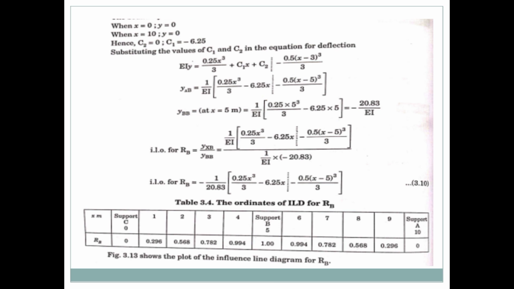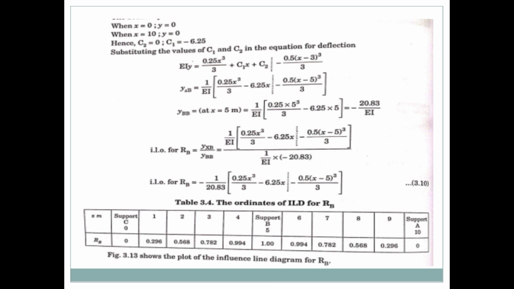YXB is equal to 1 by EI into 0.25 x cube divided by 3 minus 6.25 x minus 0.5 (x minus 5) cube divided by 3. And YBB, at x is equal to 5 meters, is equal to 1 by EI into 0.25 into 5 cube divided by 3 minus 6.25 into 5, which is minus 20.83 divided by EI.